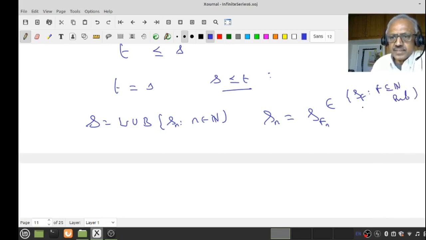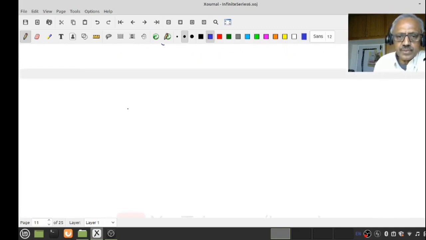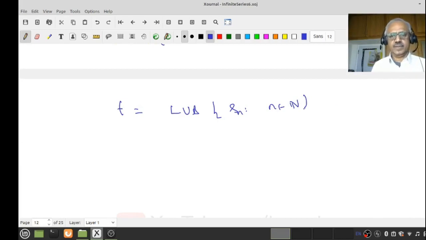And T is the least upper bound, therefore this is less than or equal to T. Do you understand that? Therefore, T is an upper bound of the S_n as n varies over the natural numbers. Therefore, T is greater than or equal to S.